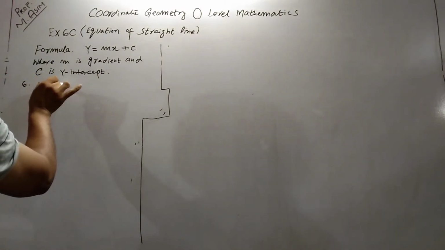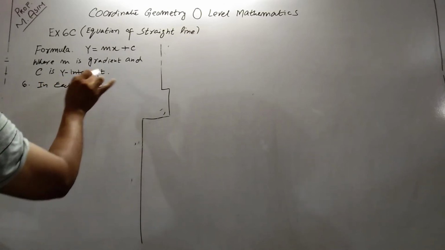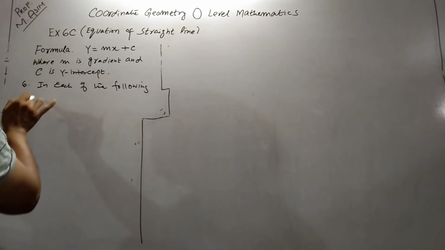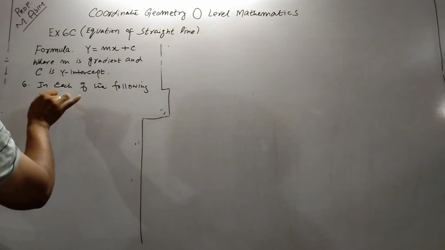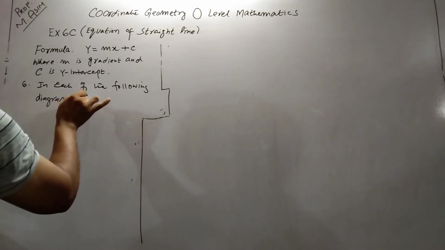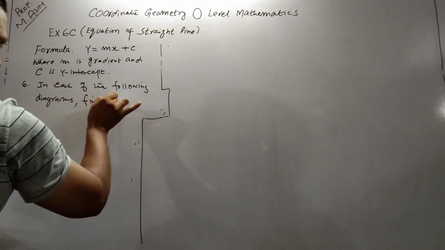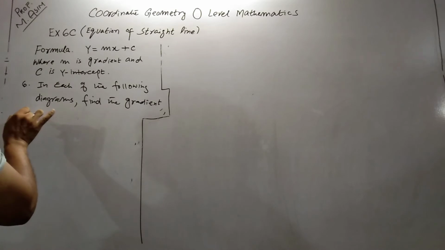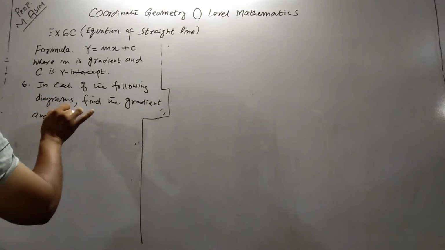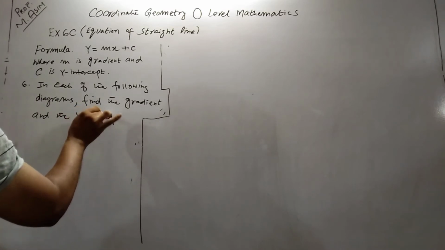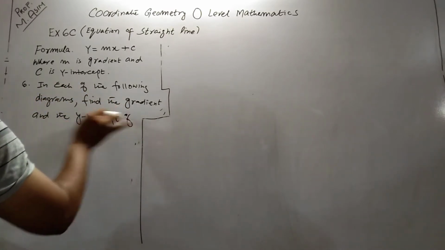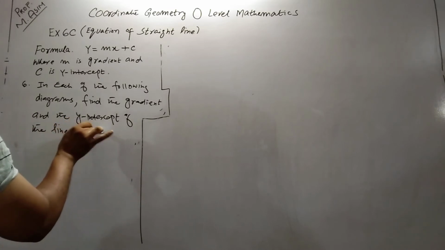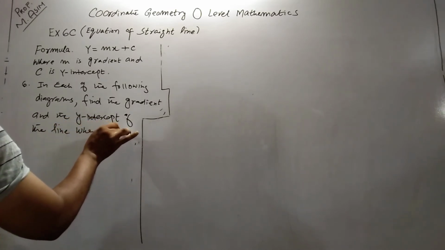Question number 6: in each of the following diagrams, find the gradient and the y-intercept of the line where possible.